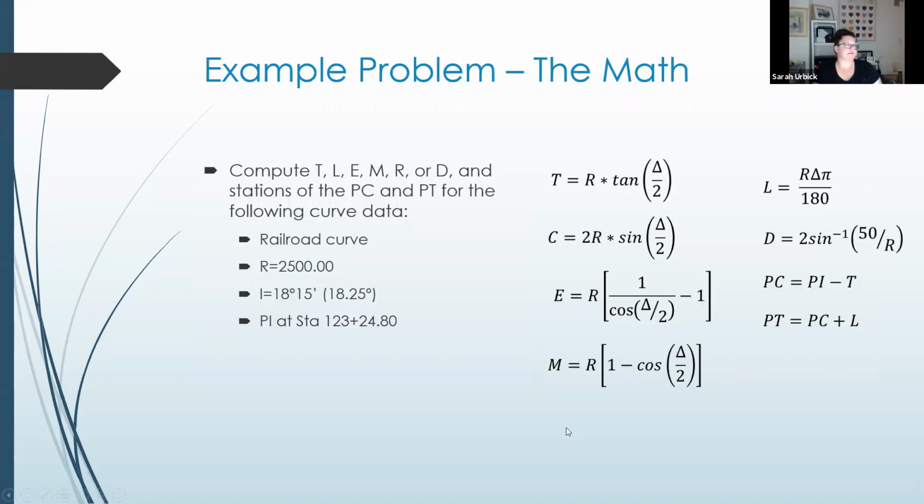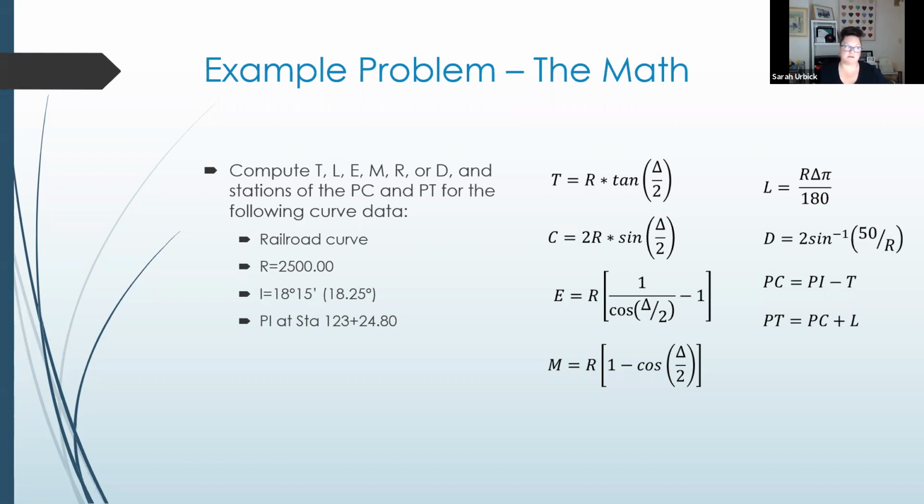All right. So what you'll see on the homework are more example problems. Things along the lines of find the following variables, whichever one you're not already given. Find the stationing for your start and your stop, your point of curve, your point of tangent. You're given the type of curve it is. Are you on a highway? Are you on a railroad?